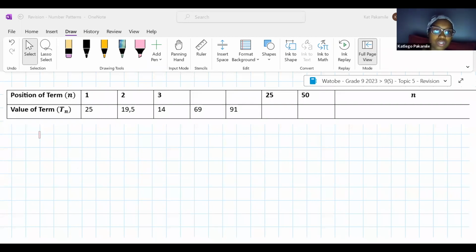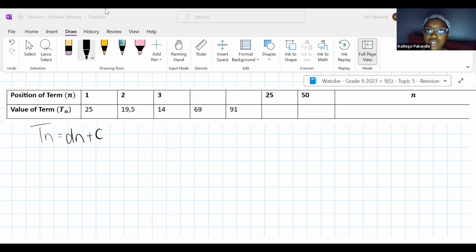Remember, we are using the general formula. What is the general formula, Mamelo? Do you remember? It's Tn equals Dn plus C. Great. So, do you remember what D is? Isn't it minus 5? Okay, so you have D. Do you remember how to get C? No, ma'am.